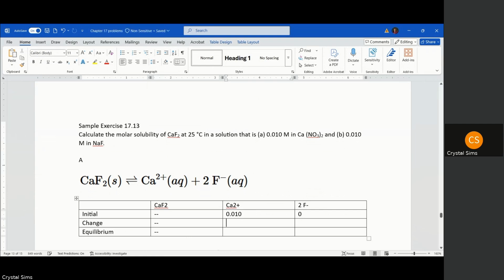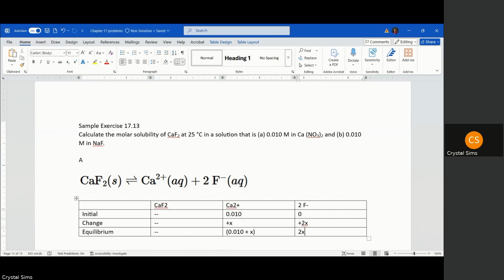We know that they're going to change by X and then the fluoride by 2X, since we have 2 fluoride ions for every 1 calcium ion. So our expression here, there we go, there is our equilibrium concentration.